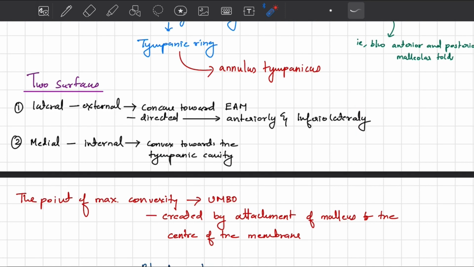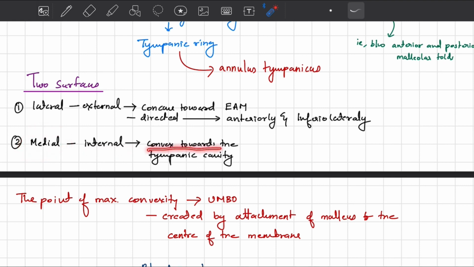When we talk about the surfaces, the tympanic membrane has two surfaces, the lateral and the medial surface. The lateral surface is what we see externally. It is concave towards the external auditory meatus and directed anteriorly and infralaterally. The medial surface is also known as the inner surface.